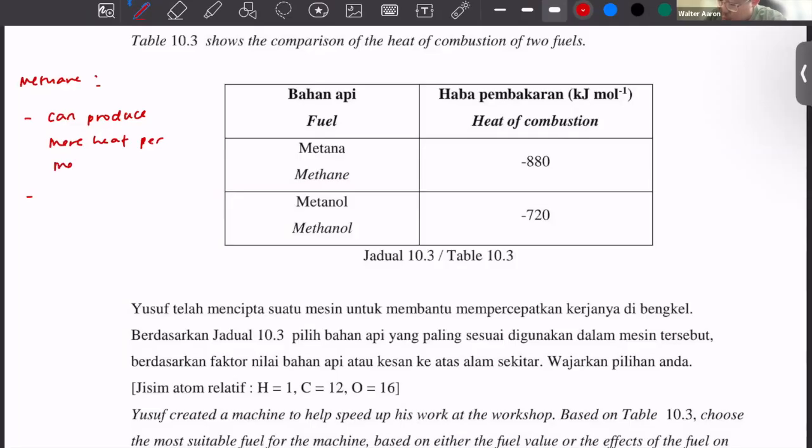So you can say per mole, if you want. Okay, and then after that, you can say that it has a higher fuel value compared to methanol. So that's if you want to use methane as a fuel.